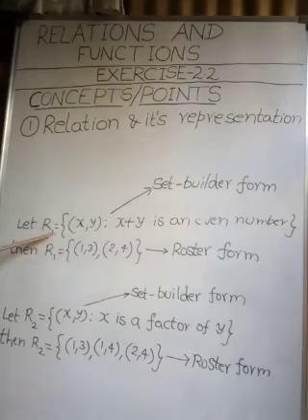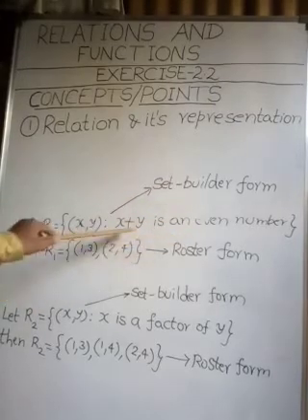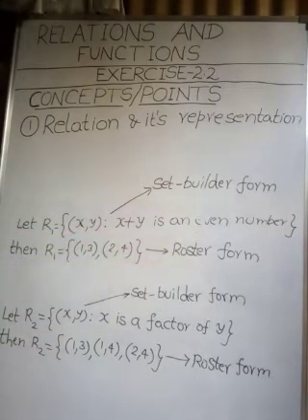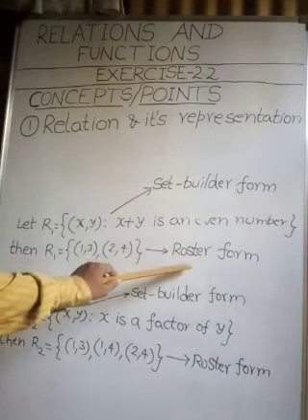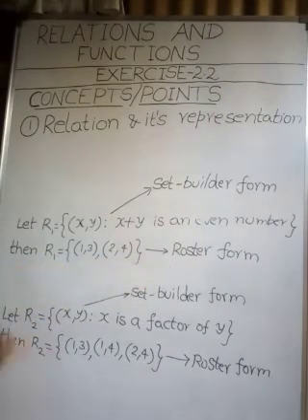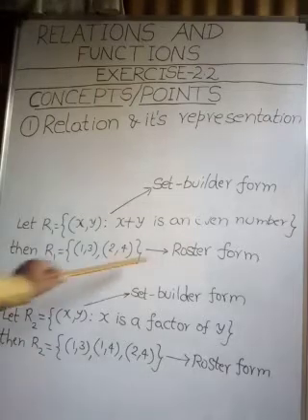See these examples R1. Here this R1 is represented in the set builder form. This representation of the relation is called set builder form. Whereas here the relation R1 is represented in the roster form, because we have written all the ordered pairs. We listed out all the ordered pairs which are satisfying the given relationship between x and y. So this is a roster form.